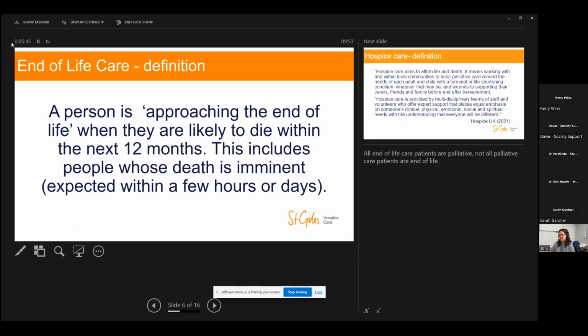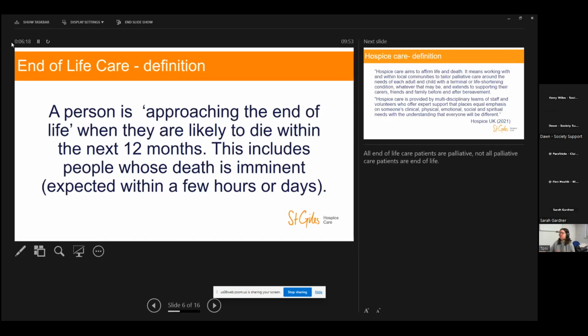And where considering people as being end of life is useful is that hopefully then we can do some planning. We can be doing some advanced care planning with our patients and their relatives, maybe starting to think about the future in terms of what their decisions might be if they were to lose capacity, and really just starting to prepare people for the fact that that time might be short, and what is important to them, and what would they want to focus their time on.